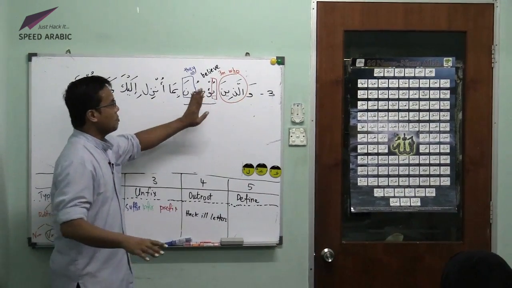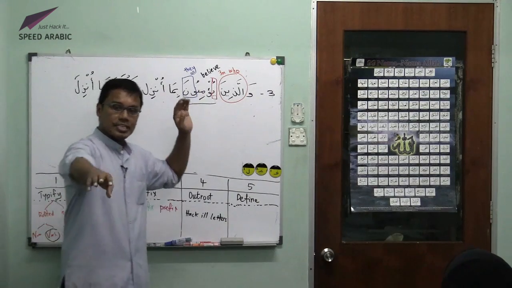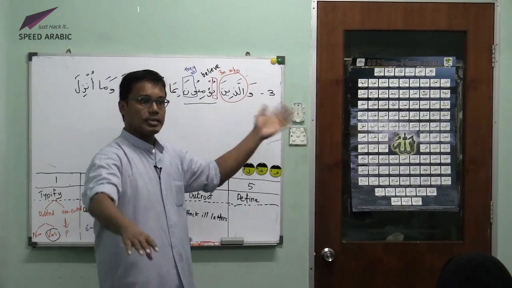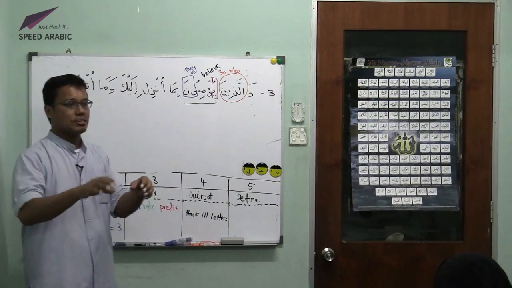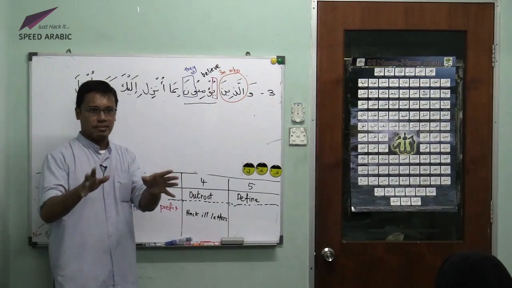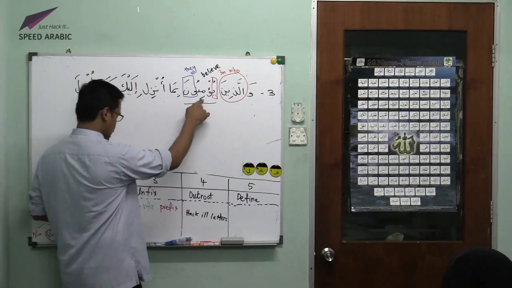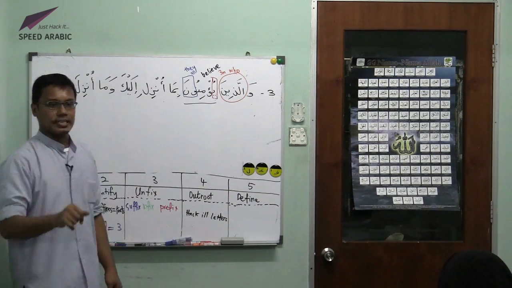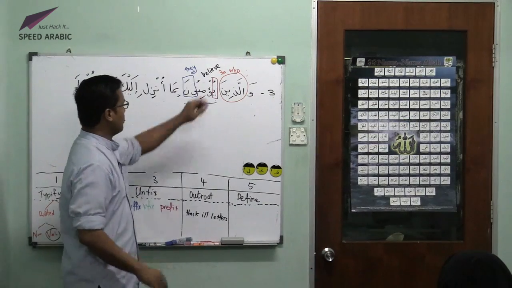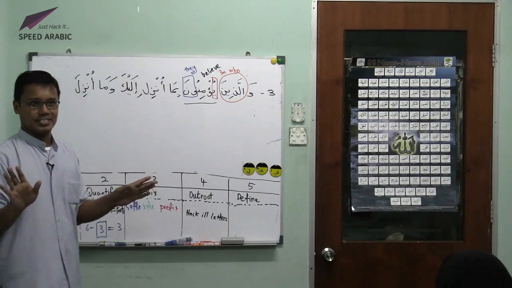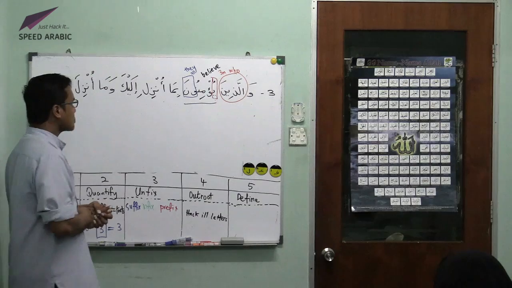But we just take it as believe because that's the meaning that you find there. Next month, when we go to the advanced fa'ala stuff, you will know why this one has damma and why this one has kasra. That is for the next one. For now, you just take the root, believe, and you are done with it. Finish. Alright.